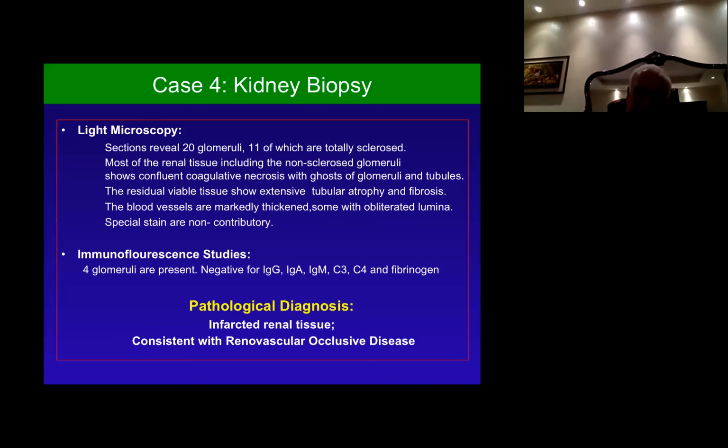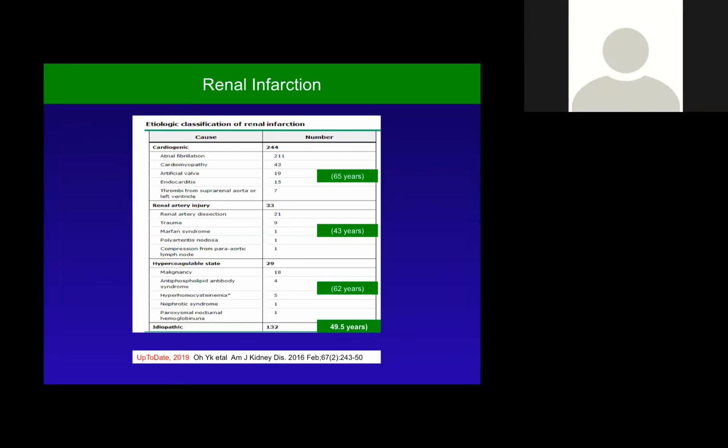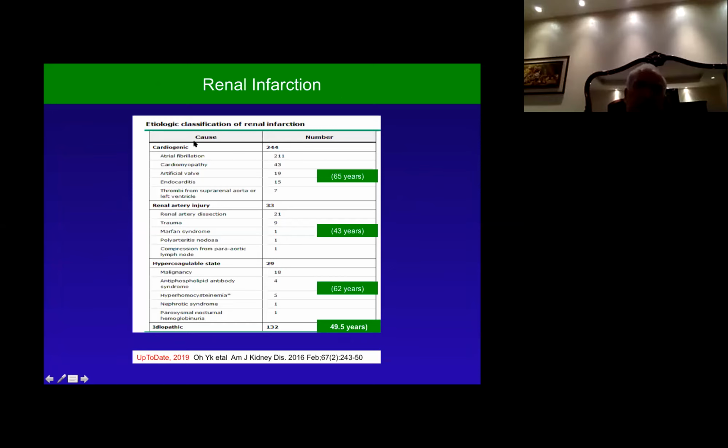Yes, sir. So renal infarct, basically, you know, it's a catastrophe. If you look at renal infarct, you may have cardiac origin, most of it. You have renal artery injury. You may have hypercoagulable state, or you may have idiopathic. As you'll see, the age bracket, I'm not talking about cardiogenic, 65 years elderly.